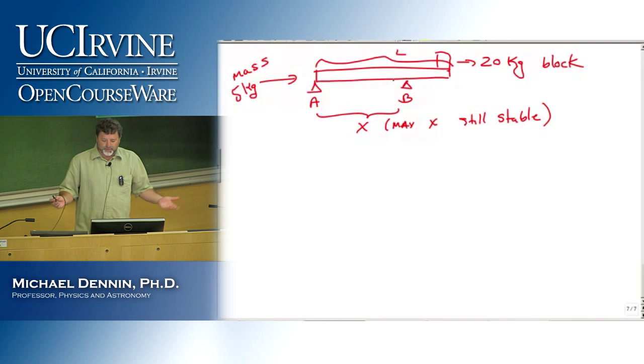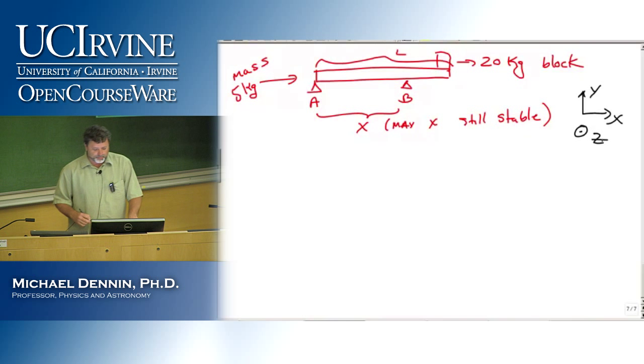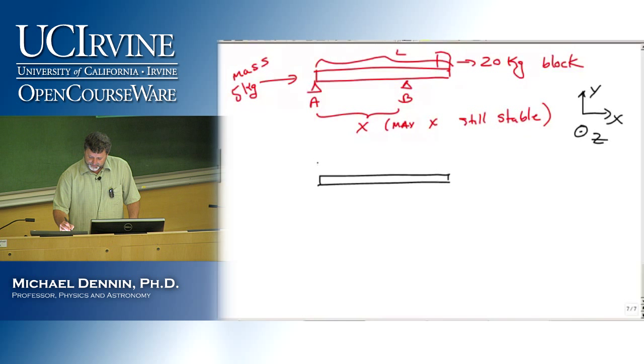So as with everything, we're doing static equilibrium. We need our x, we need our y, we need our z out of the board. We're going to draw our free body diagram. We have FA up. We have the F from point B up. We have the box coming down.